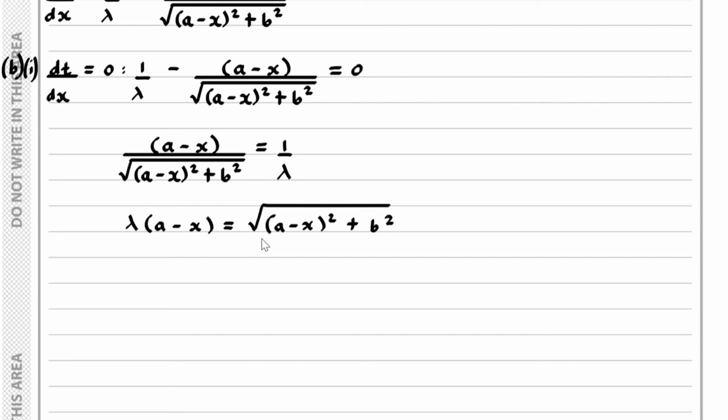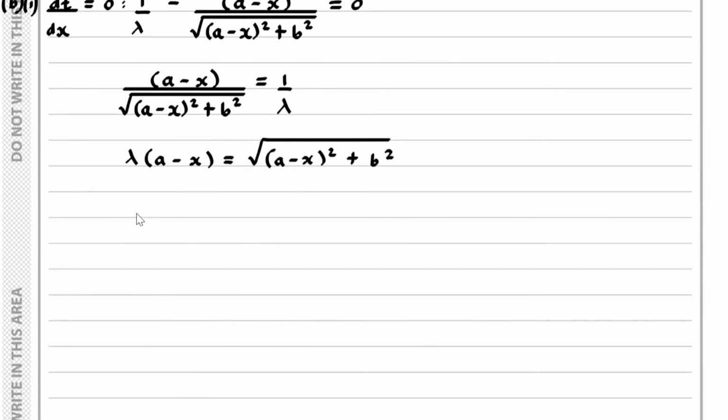And now if we square both sides, we have lambda squared multiplied by (a minus x) squared equals (a minus x) squared plus b squared.